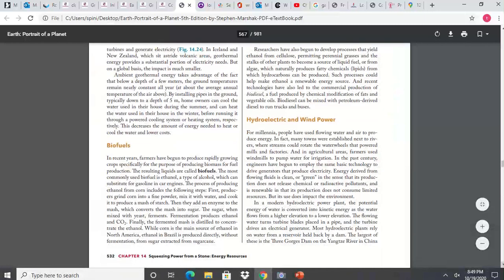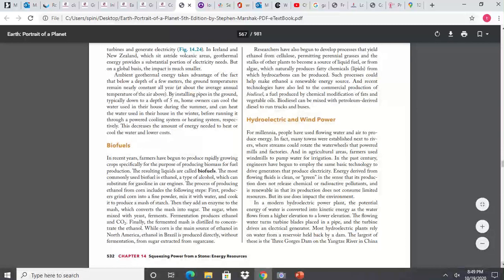Biofuels. Bio, of course, meaning life, and these fuels come by taking certain kinds of plants and creating alcohol. We've been doing that for hundreds of years, but we've been drinking the alcohol by using corn and wheat and things like that. But you could take that same alcohol, we call it ethanol now, and you could put it with your gasoline.